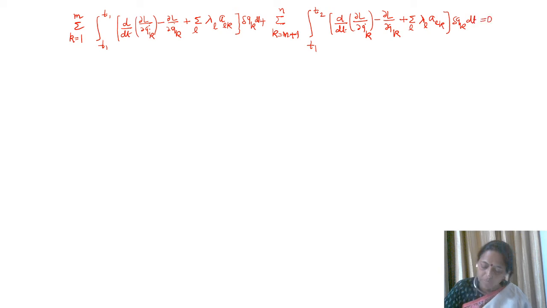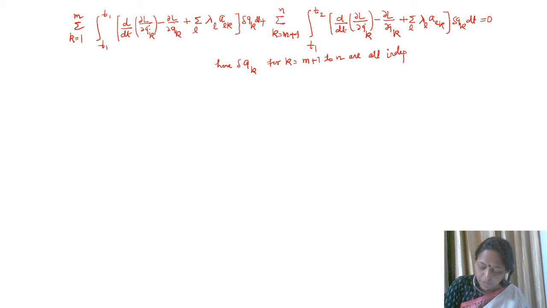So I have written the previous equation and broken it into two parts, one going from 1 to m and another going from m plus 1 to n. Here delta qk for k equal to m plus 1 to n are all independent.